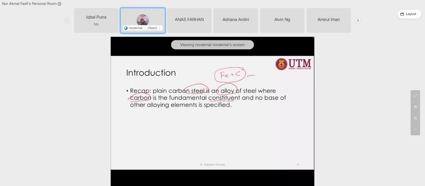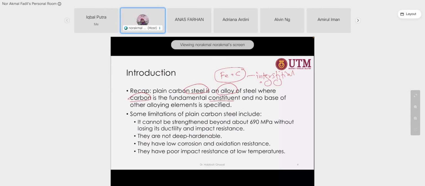Carbon in iron is interstitial, where the small atoms of carbon diffuse into the crystal structure of iron. Some limitations of plain carbon steel include that it cannot be strengthened beyond about 690 megapascal without losing its ductility and impact resistance.